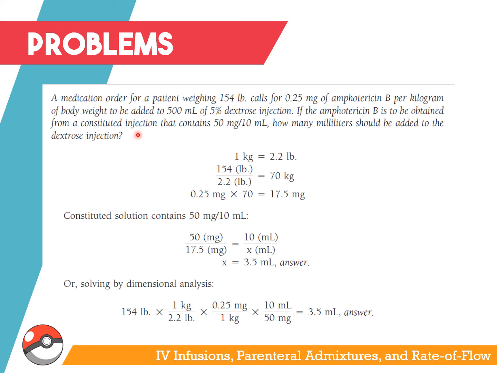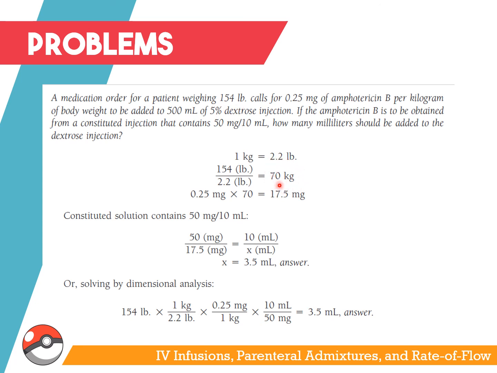So again, this is one of those very long questions which require only a little to solve, okay? So it's not that complicated. So first, we try to convert the given weight of the patient. So 154 pounds to kilograms, we will have 70 kilograms.